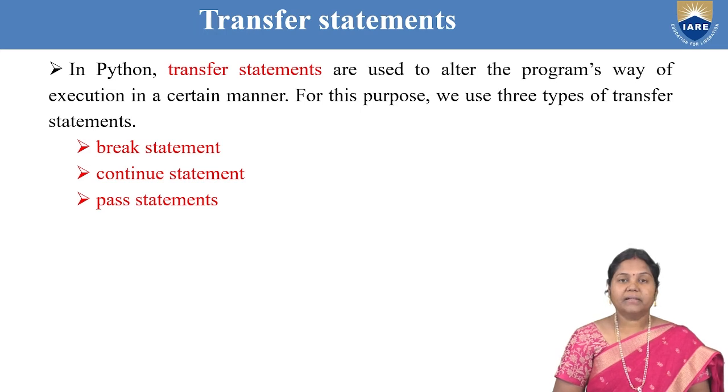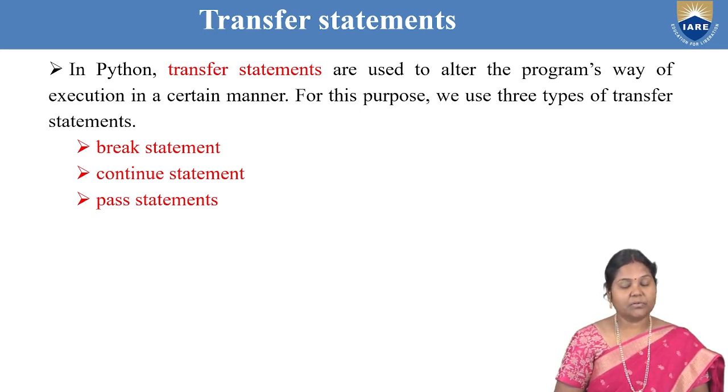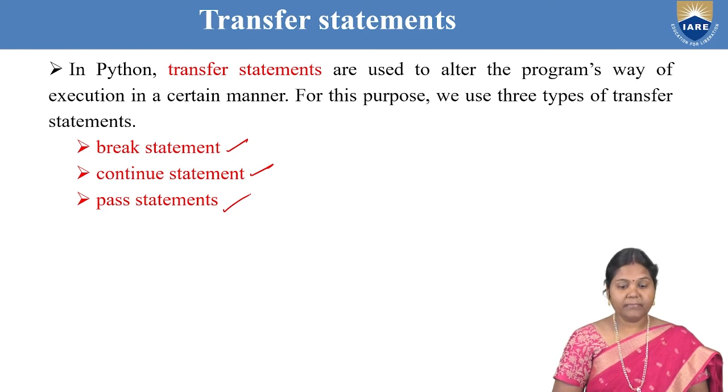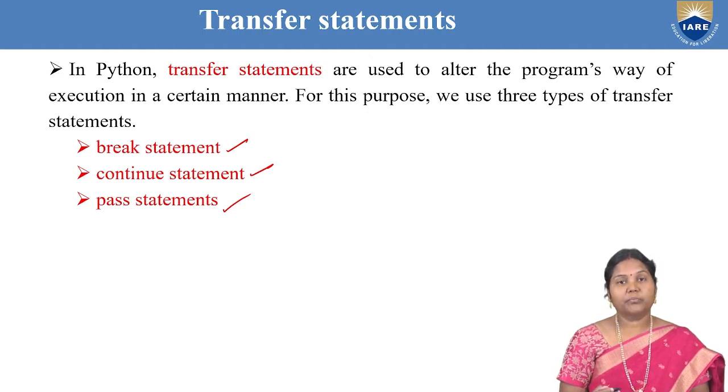Then the third set of statements which is used under the control flow statement is called transfer statement, when you have to transfer the control. Under transfer statements, we have break statement, continue statement and pass statement. Now these transfer statements transfer the control or alter the program flow based on certain conditions.